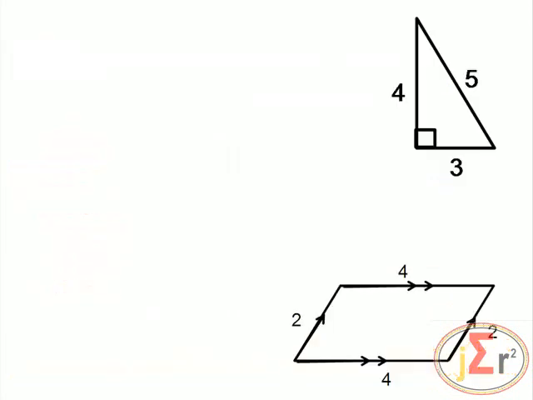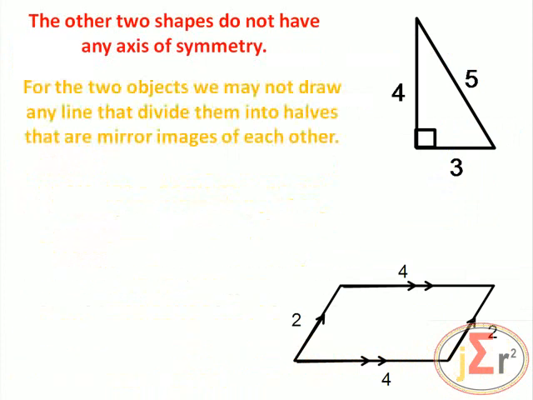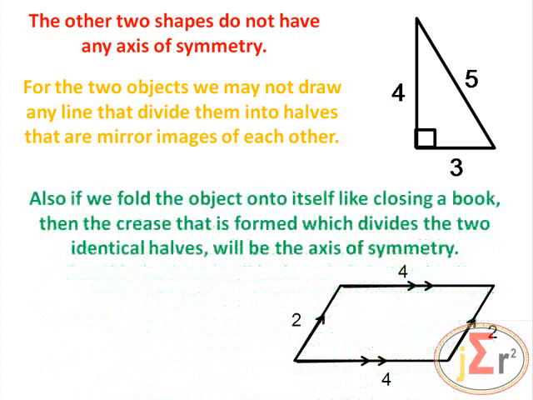What about the other shapes? The other two shapes do not have any axis of symmetry. For the two objects, we may not draw any line that divides them into halves that are mirror images of each other.